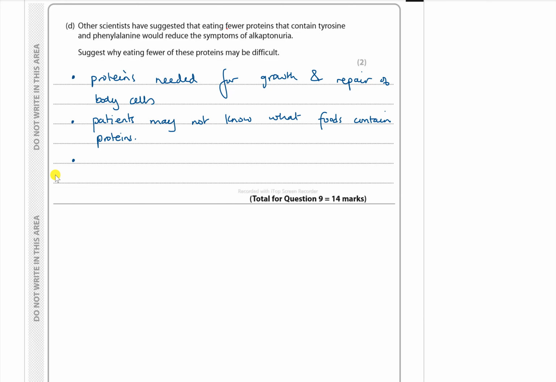And proteins are naturally present in plants and animal food. So you'd have to probably have more carbs and lipids.